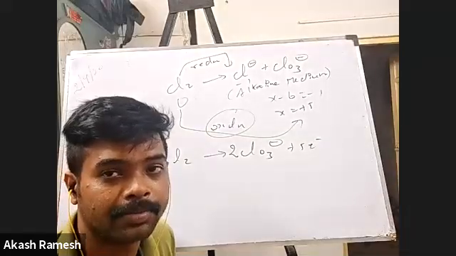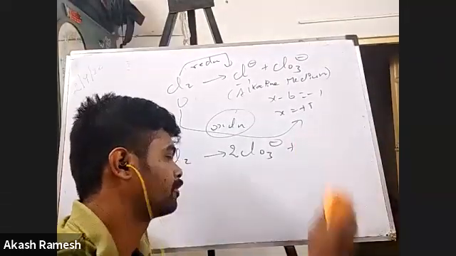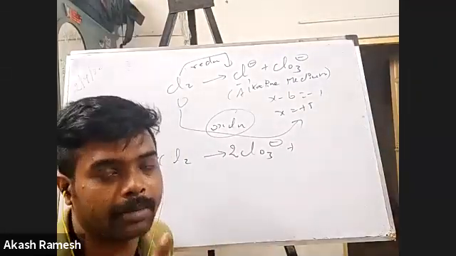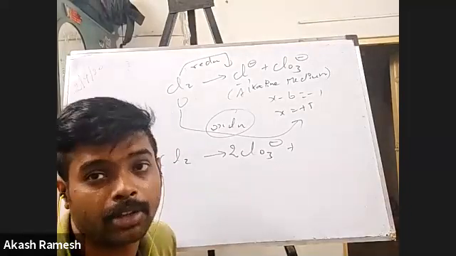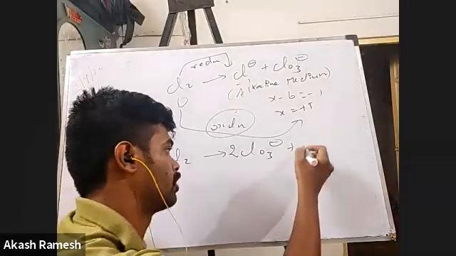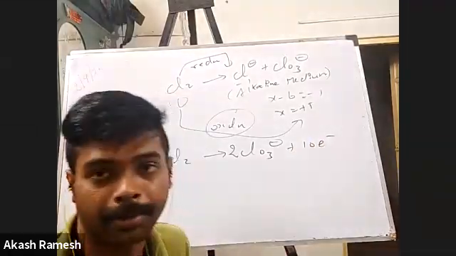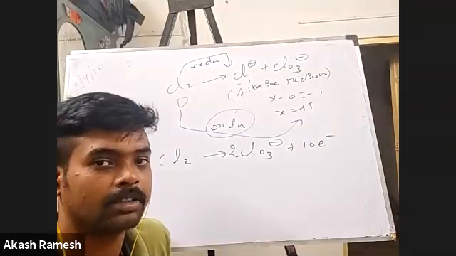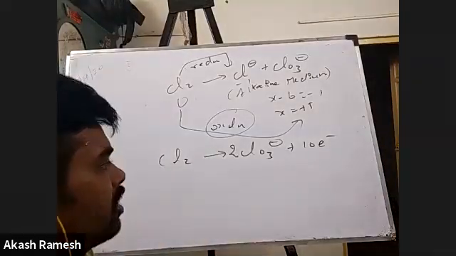Am I right? No, sir. It should be 10 electrons. So it should not be 5 electrons, people. It is 5 electrons per chlorine atom. For 1 chlorine atom, it is 5 electrons. So for 2 chlorine atoms, it should definitely be 10 electrons. So it should be 10 here, 10 electrons. Okay. Now that's my oxidation half reaction.